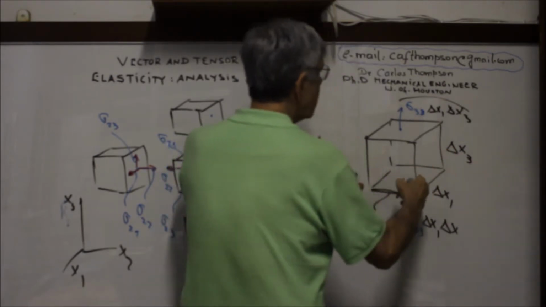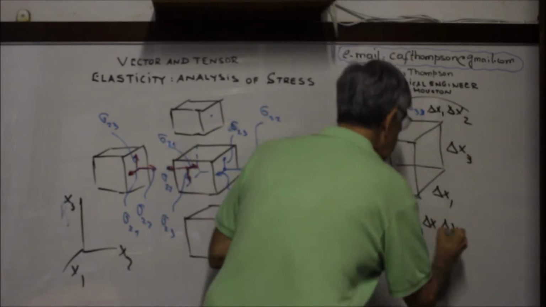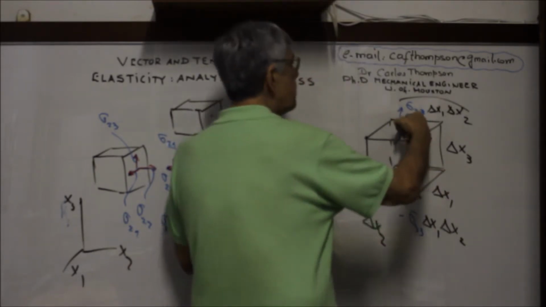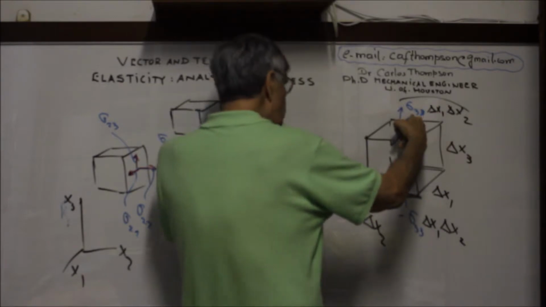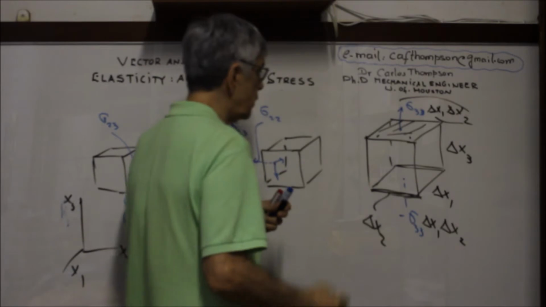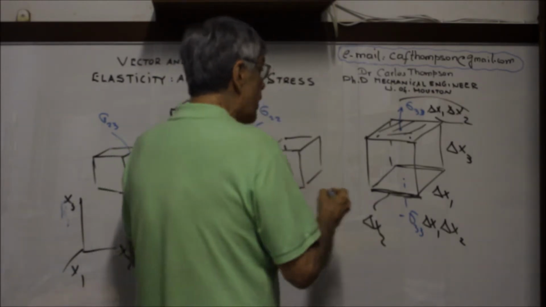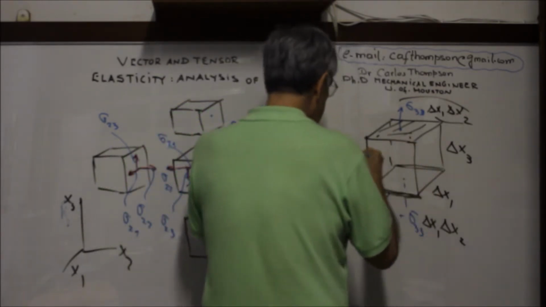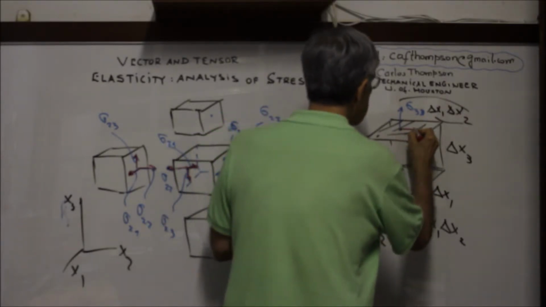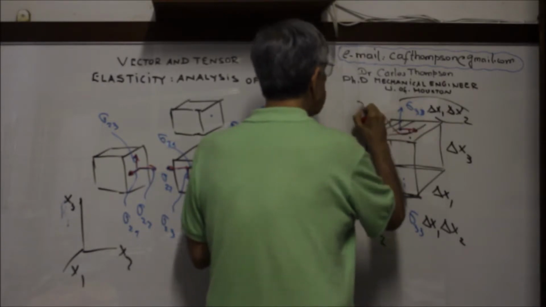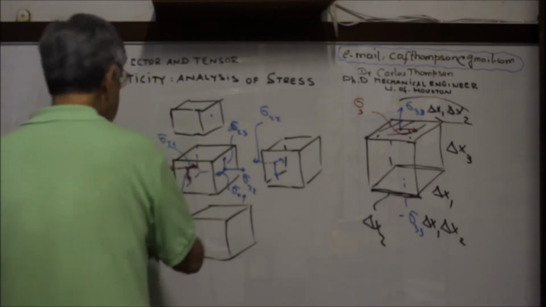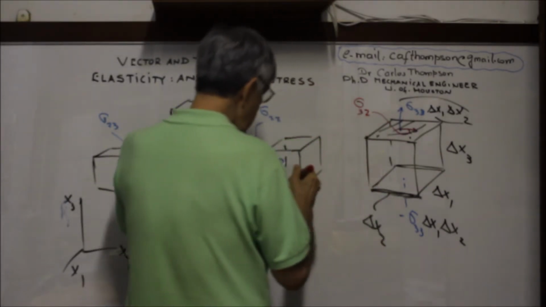Because this area over here, sigma 3,3 is force divided by this area, and this area is delta x1, x2. Like, for instance, suppose we have here, let's put here, tau or sigma 3. This axis is parallel to x2, so that is sigma 3,2.